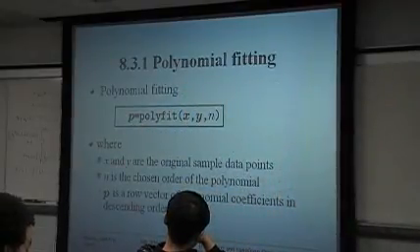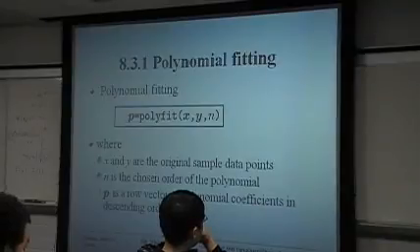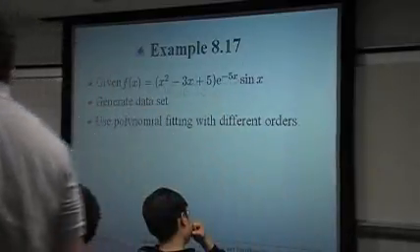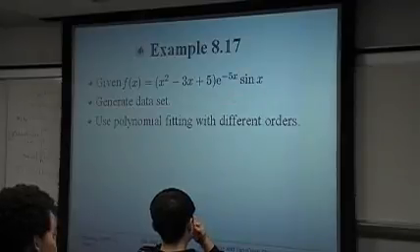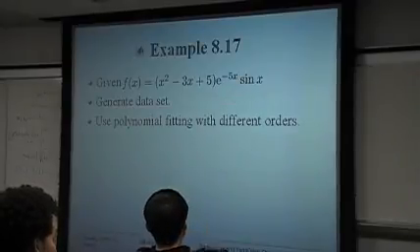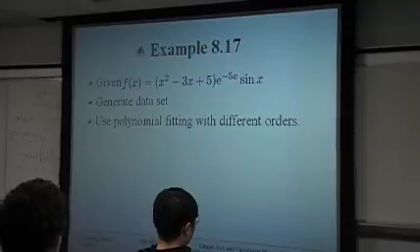So let's see how we can find the polynomial and what is the difference between polynomial fitting and the interpolation problem we talked about earlier. So let's consider this function again. Why can we use a polynomial? It is known from the Taylor series expansion that any function can be expressed by an infinite sum of polynomials.